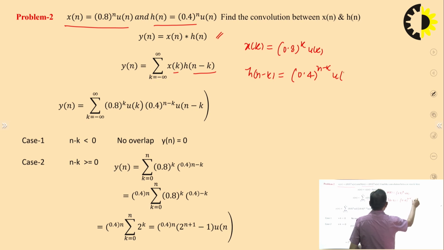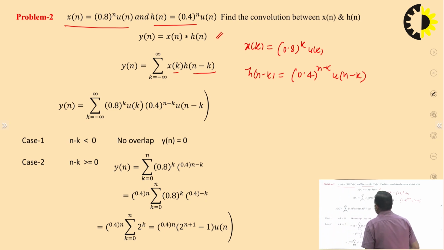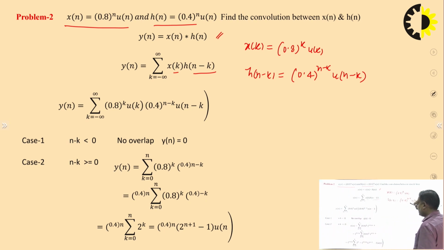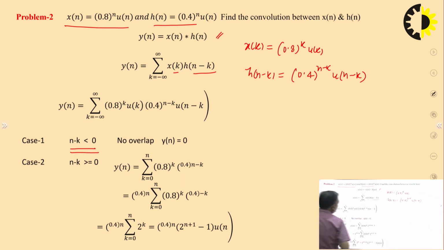Now, again we will see what the overlap is. Case 1, when n minus k is less than 0, there will be no overlap.